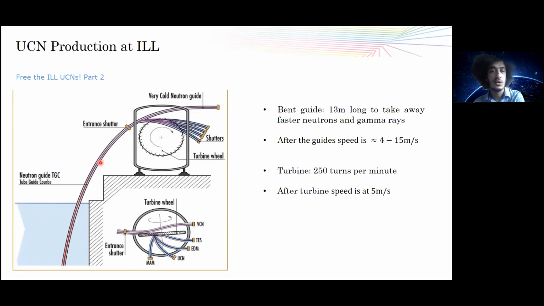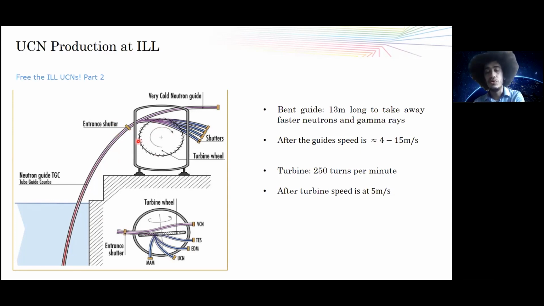Its job is basically to take the fast neutrons and the gamma rays out of your beam. And then after that, we go from the 50 meters per second down to a speed of 4 to 15 meters per second. But you're not done yet.